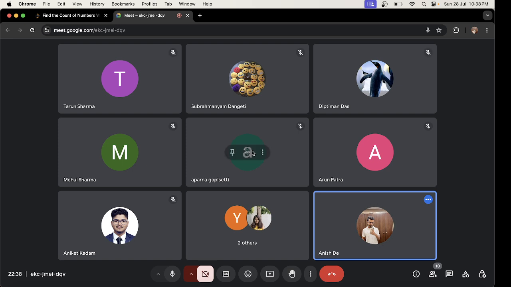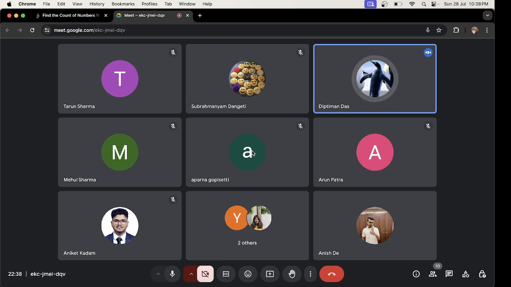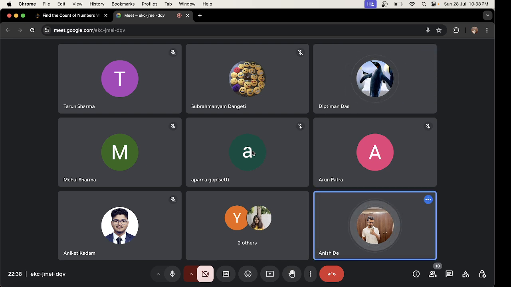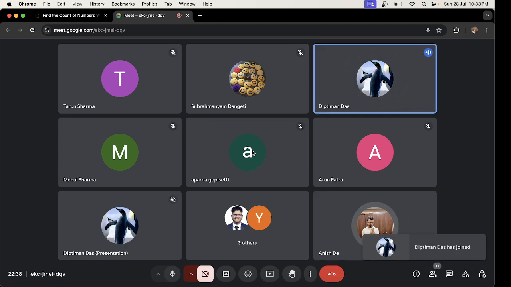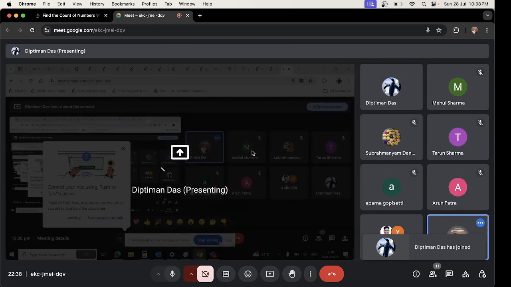Okay. So Deeptiman, you can go ahead with this problem. The key observation here is that a special number is a perfect square of a prime number.